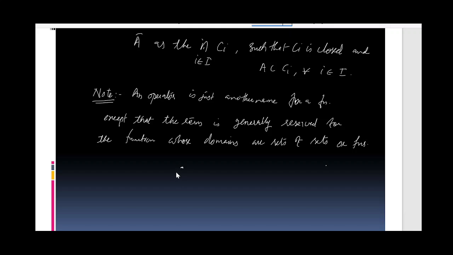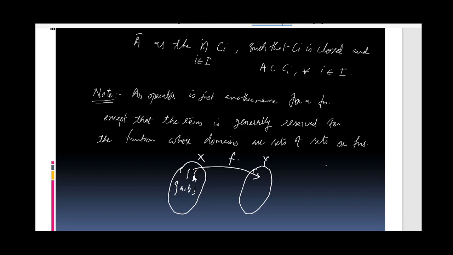That is, suppose you are having a function f from X to Y. Now suppose the domain itself contains many sets, and this set is connecting to D, this is connecting to F, something like that.